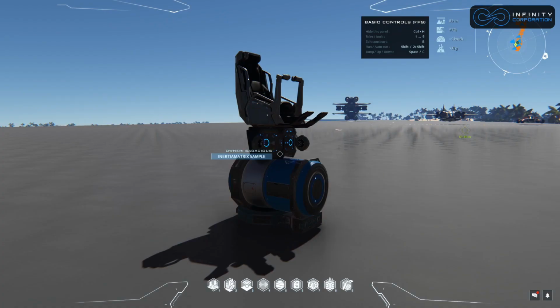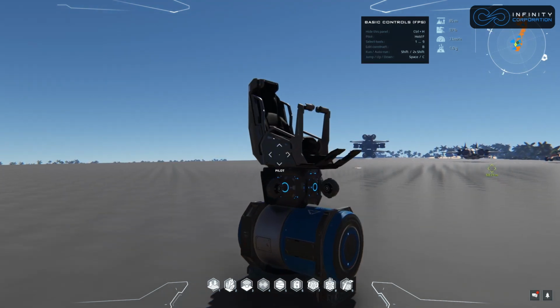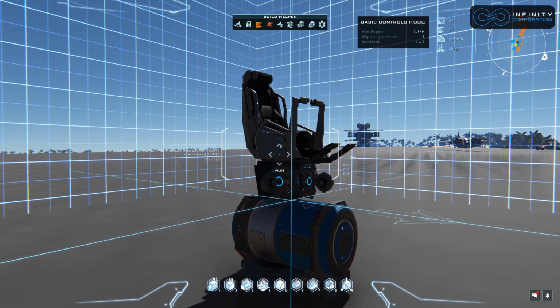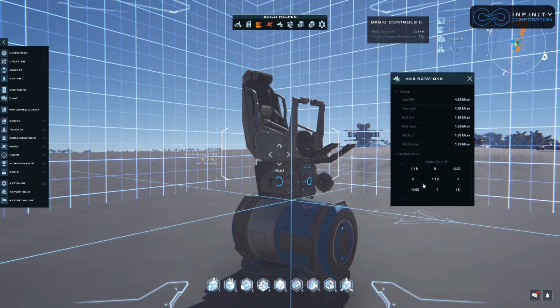So over here we have our inertia matrix example. Now this is a very balanced ship. If we go into build mode here, pull up its inertia matrix, we can see here our primary rotations, all pretty much 1000, and our off diagonals are almost 0.